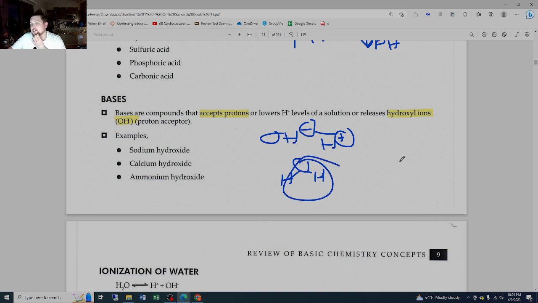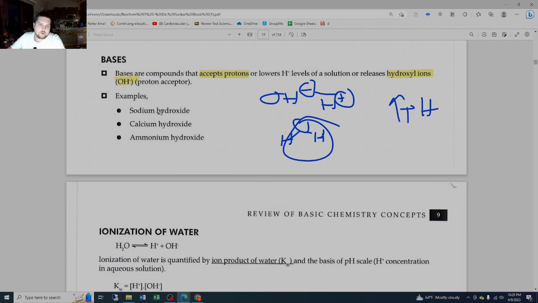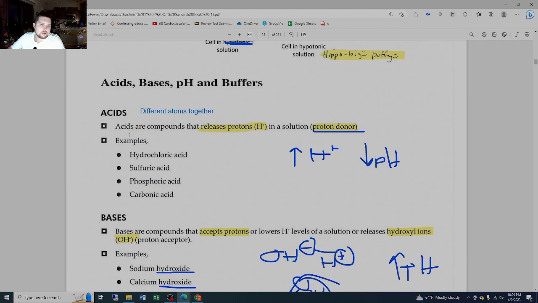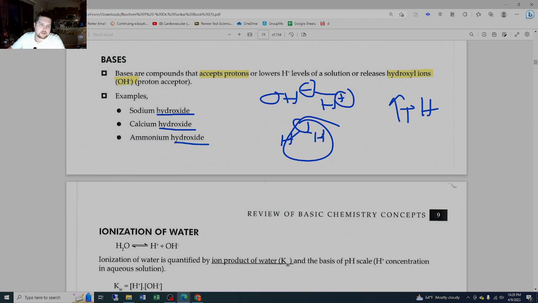So it's going to increase our pH. Okay? We'll look for that word, hydroxide, as a good indicator. Acid versus hydroxide.